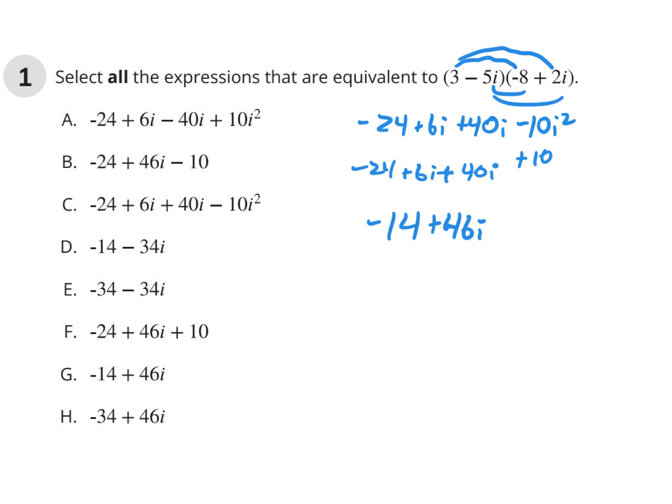All right, let's see. 24 plus 6i minus 40i. Nope, A doesn't work. B doesn't work. C. Minus 10i squared plus 40i plus 6i. All right, so C works.